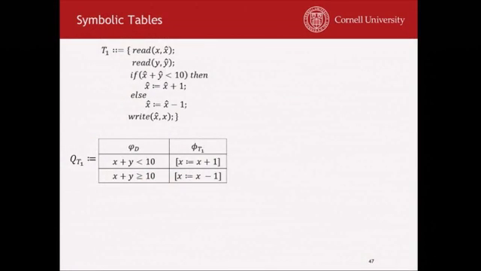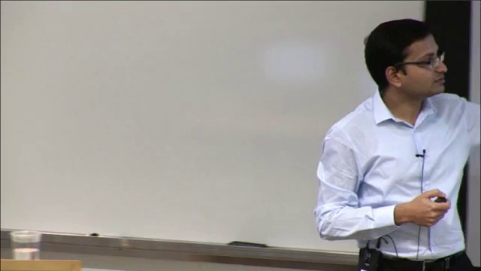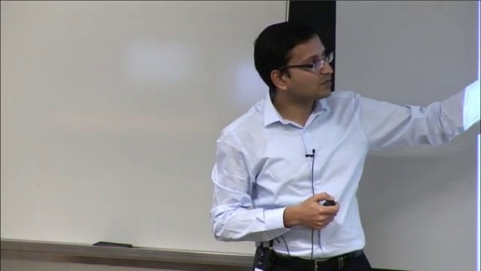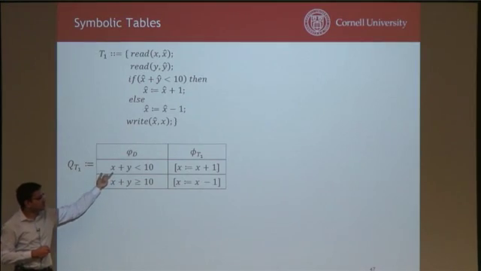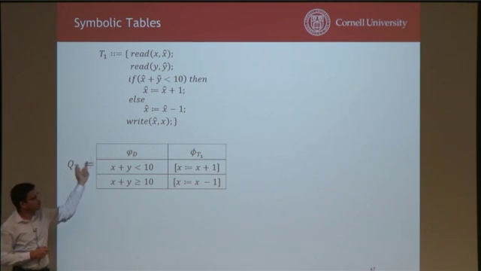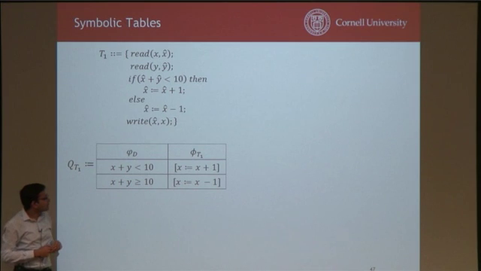To do so, we use symbolic tables, which have 2 columns. The first column corresponds to a partition of the space of database states, and the second column is what effect the execution of the transaction has. This tuple says that over all database states in which x plus y is less than 10, executing this transaction would have the effect of incrementing x by 1. And similarly for the other case.